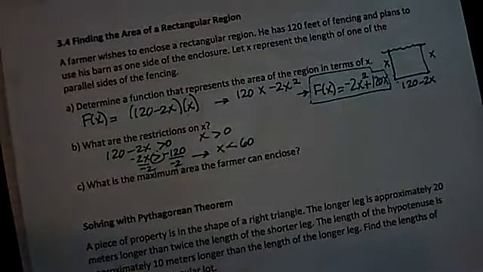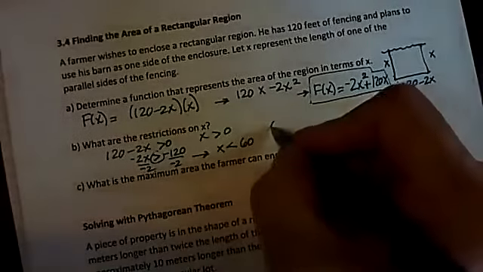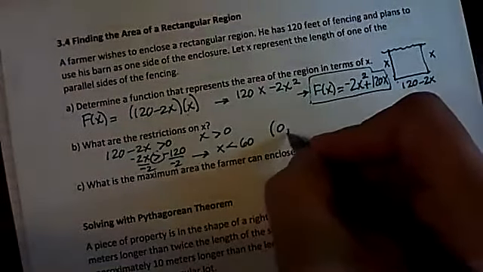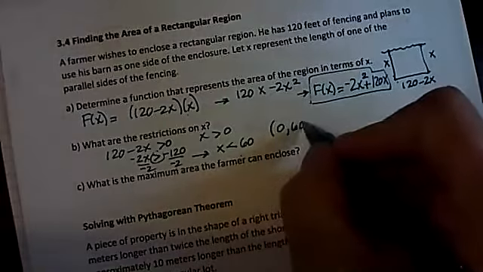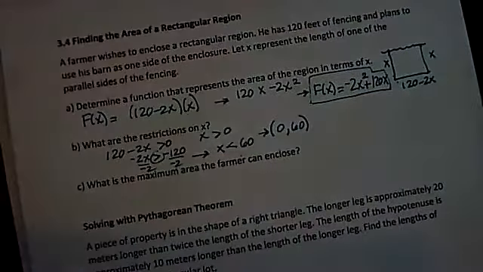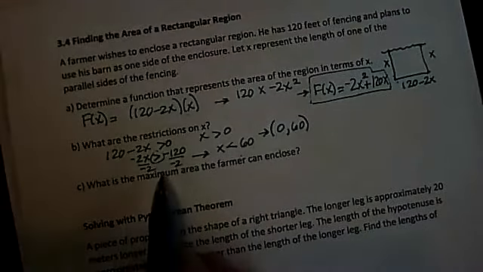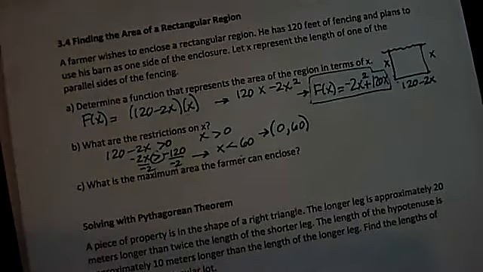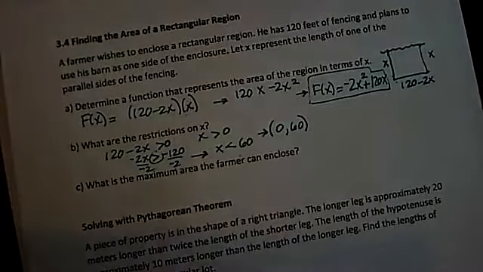So when I put that in interval notation, it's greater than 0 but less than 60. That's the restriction that I want in interval notation. So set them greater than 0, because both sides have to be greater than 0, and then solve that, and that's how you end up with this interval.